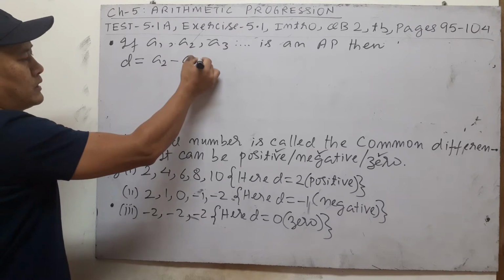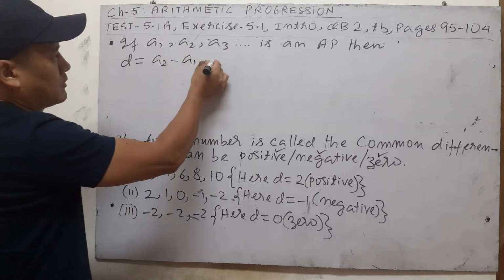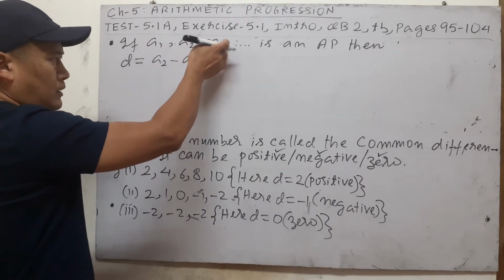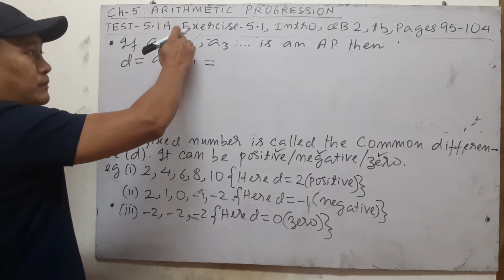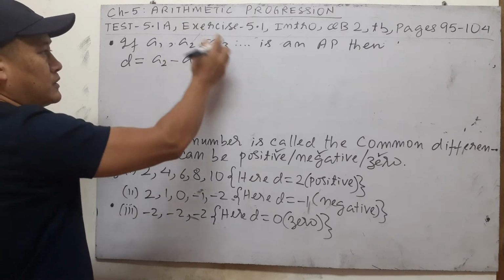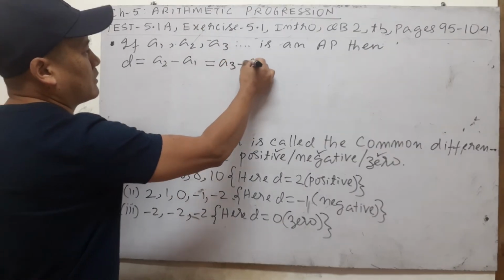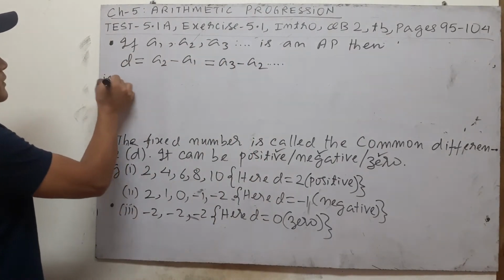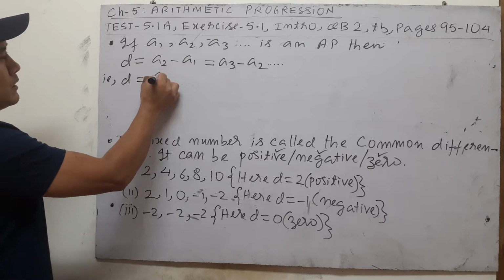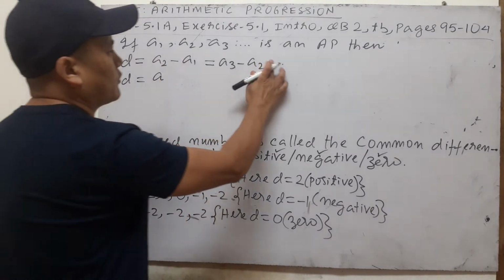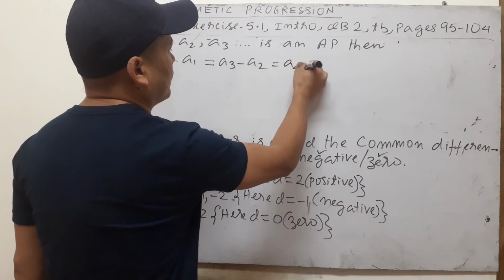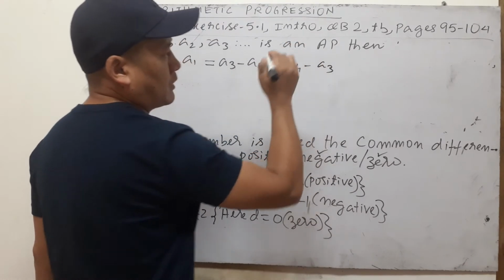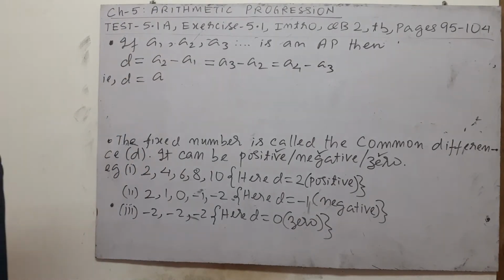You do that and you'll get your common difference. So A2 minus A1, or a term minus the previous term, not the previous term minus a term. It can be A3 minus A2, and A4 minus A3, so it goes on like that.